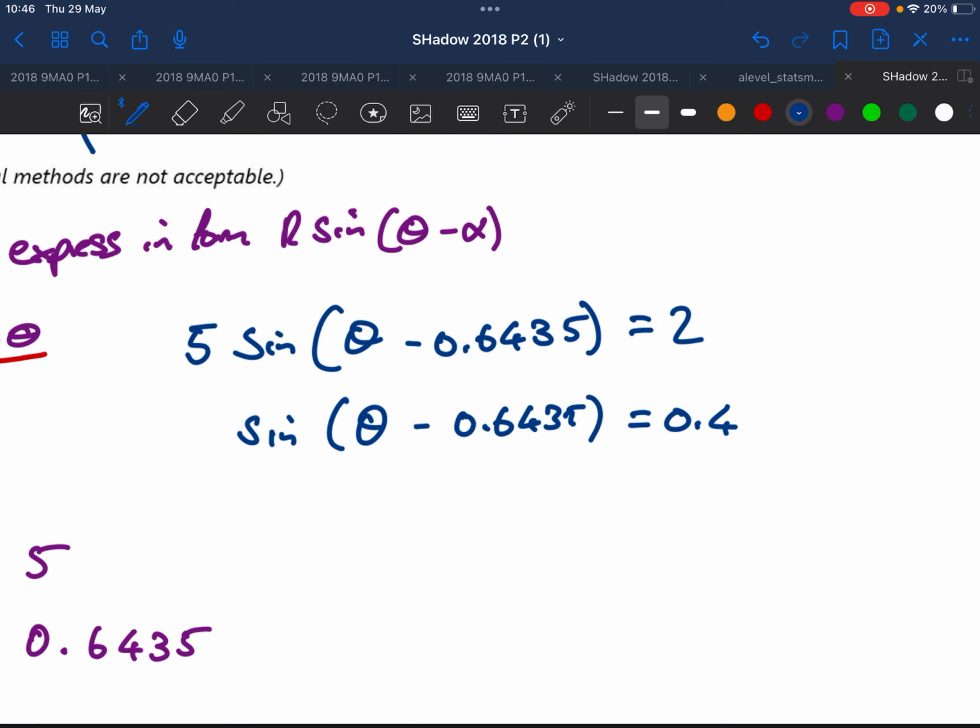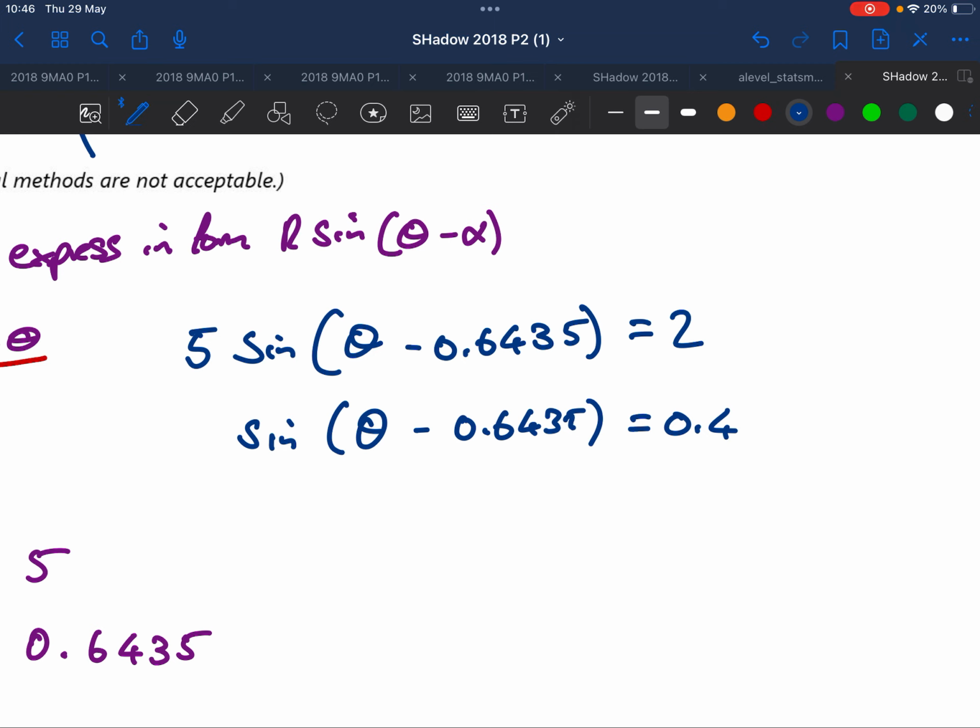So first of all, we're going to do inverse sine of, is that 0.4? Yep. So inverse sine of 0.4 gives me 0.412.